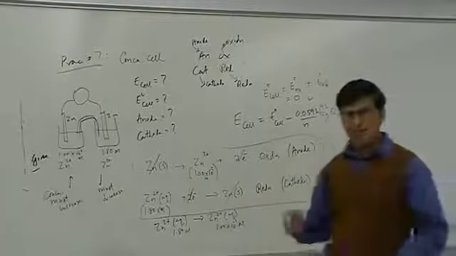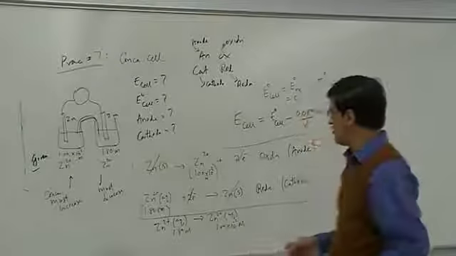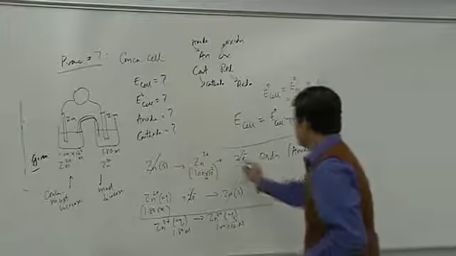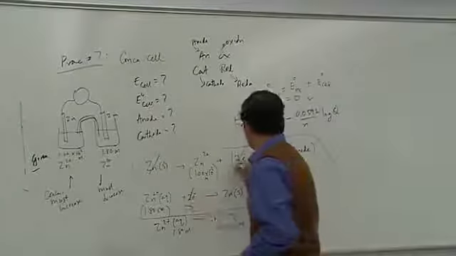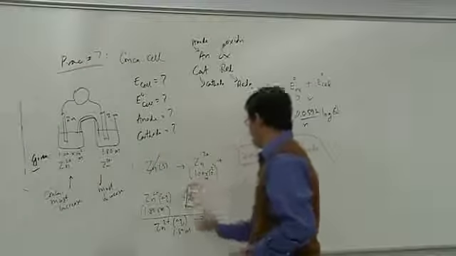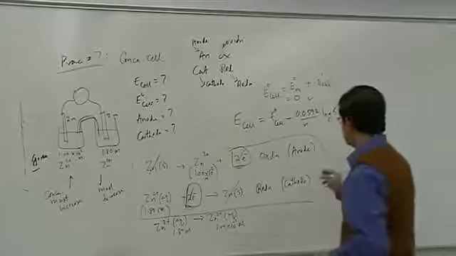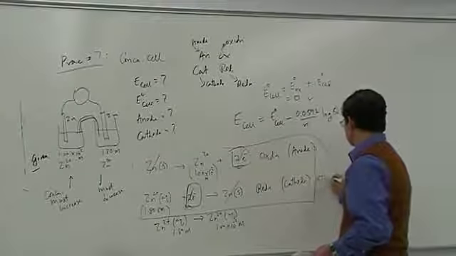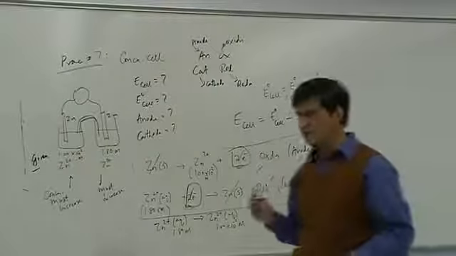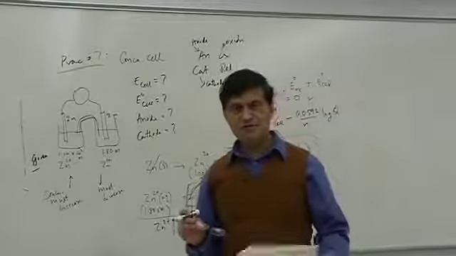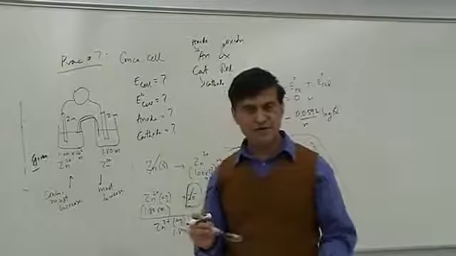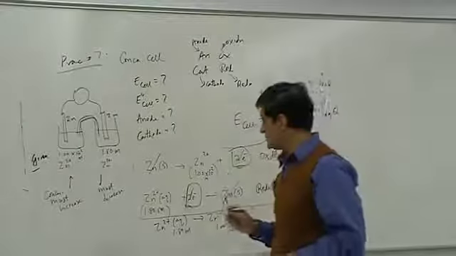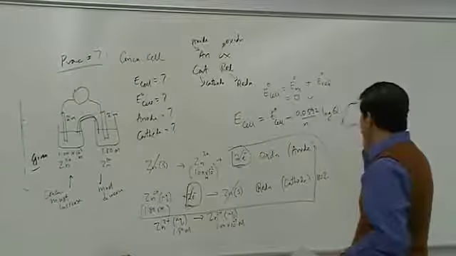N value tells us how many moles of electrons are being transferred from one half cell to the other. This is 2, so that's n value. Even though we cancel for overall reaction, n equals 2. So we should write down here, n equals 2. So keep this in mind. In this kind of problems, n tells us how many moles of electrons are being transferred from one half cell to the other half cell.